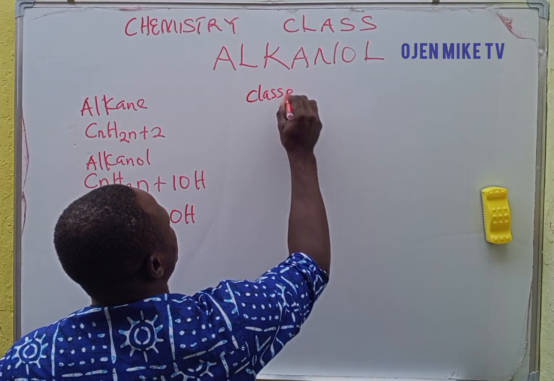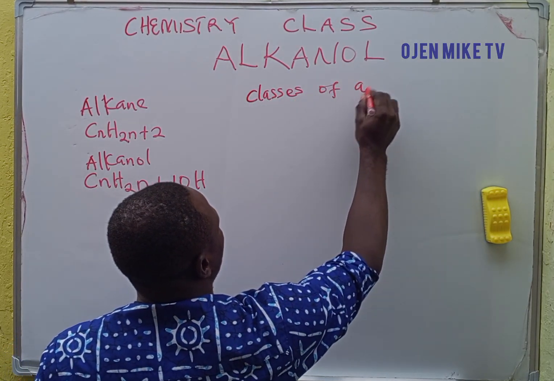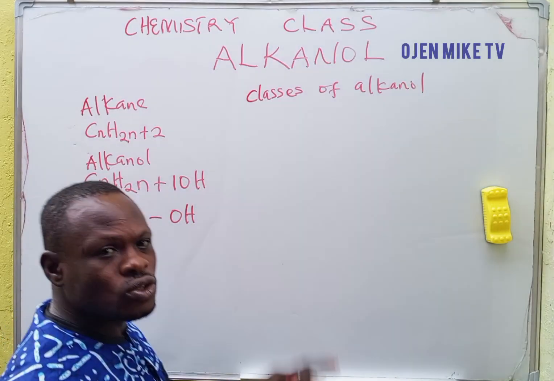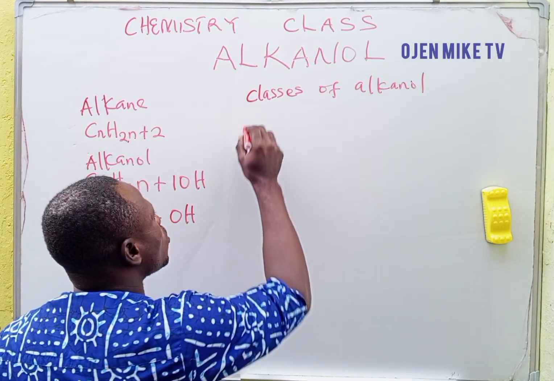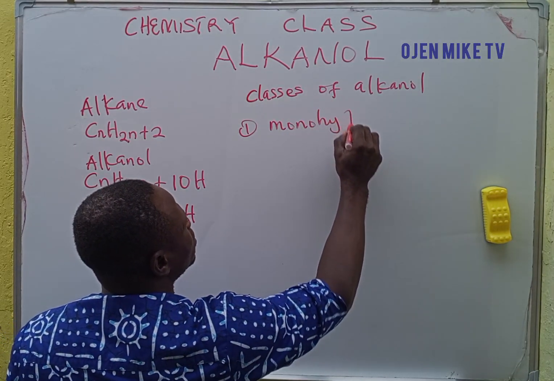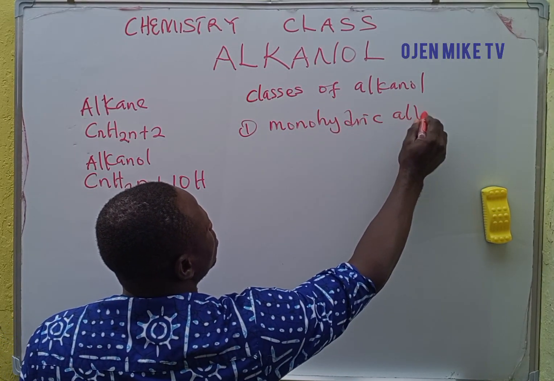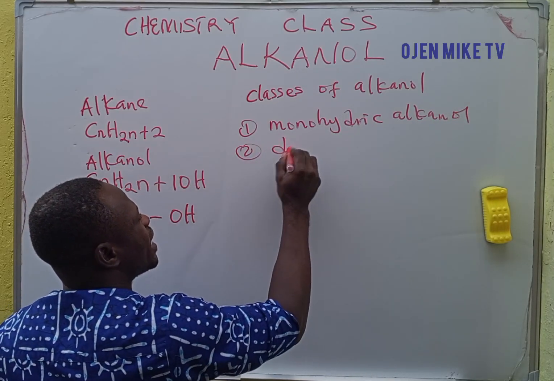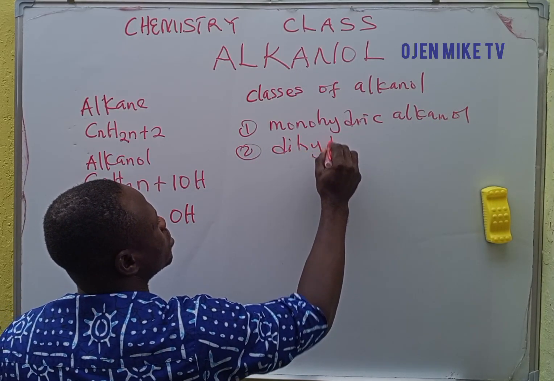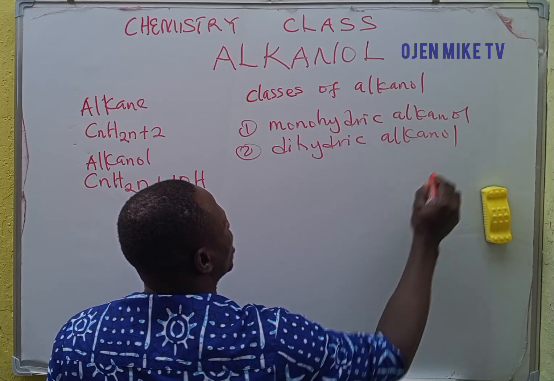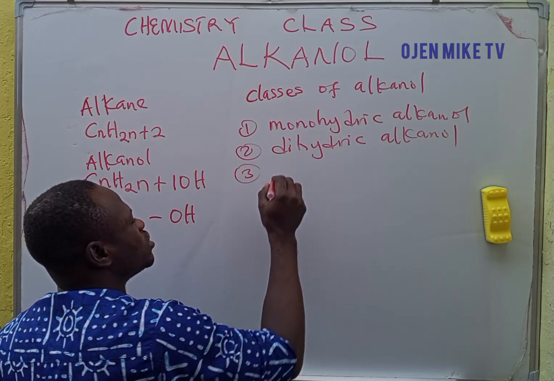Classes of alkanol. Alkanols are divided into three major classes. One, we have monohydric alkanol. Two, we have dihydric alkanol, and three, we have trihydric alkanol.